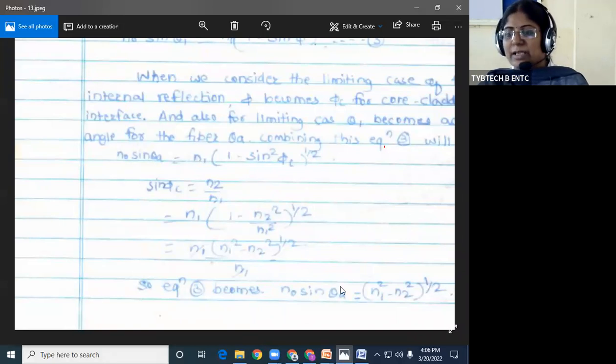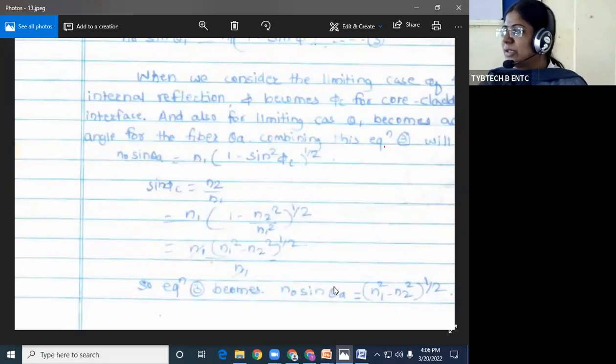It remains. And then n0 sin theta a. So we get the relation as n0 sin theta a is equal to n1 square minus n2 square bracket raised to 1/2. So in this equation, you get the relationship between acceptance angle and refractive index of core, refractive index of cladding and refractive index of air. n0 means what?